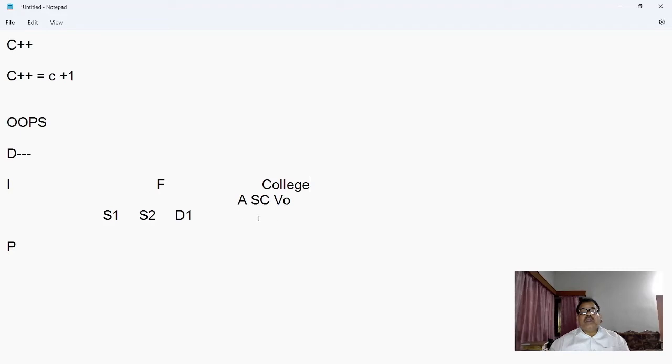The arts can enjoy the attributes of College, and inside Arts I have to write only the attributes which are specific for arts.